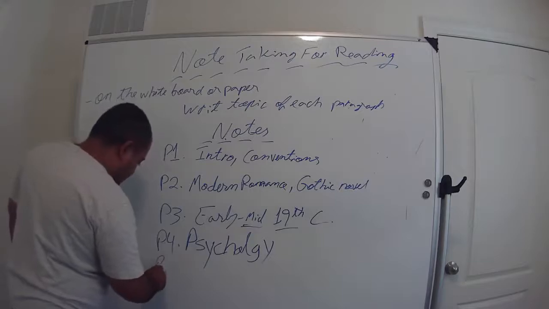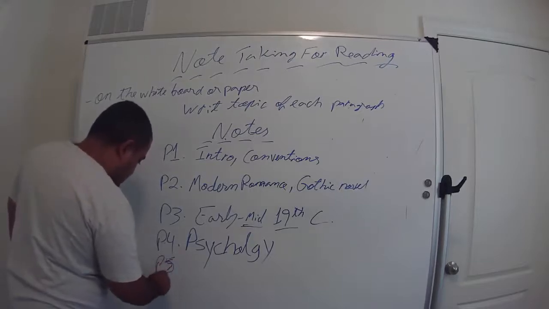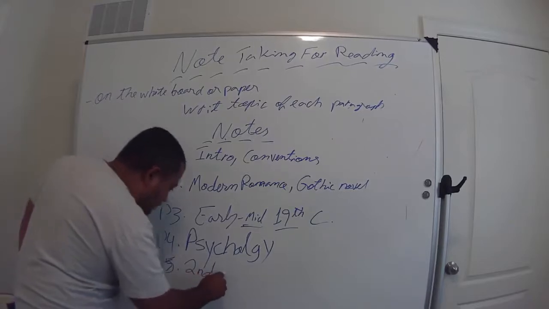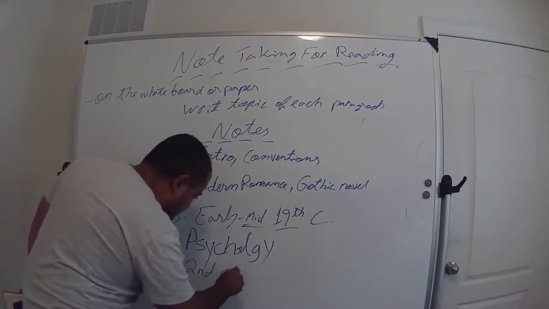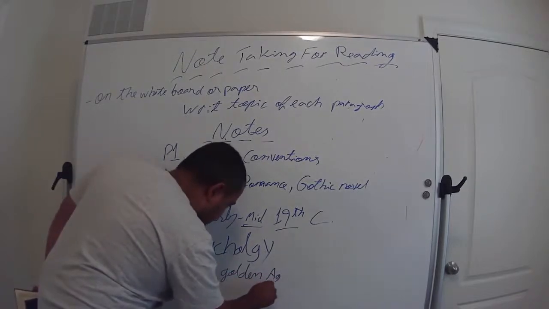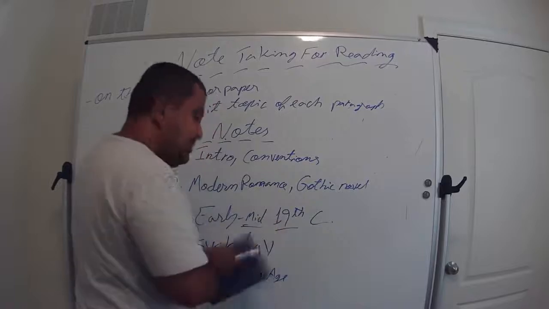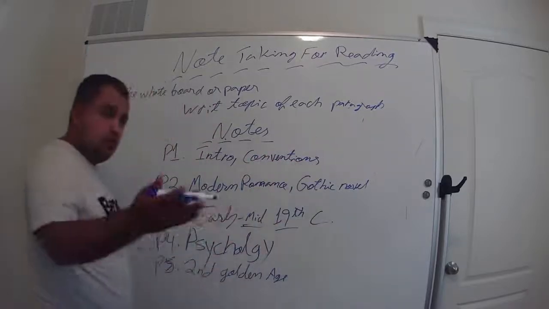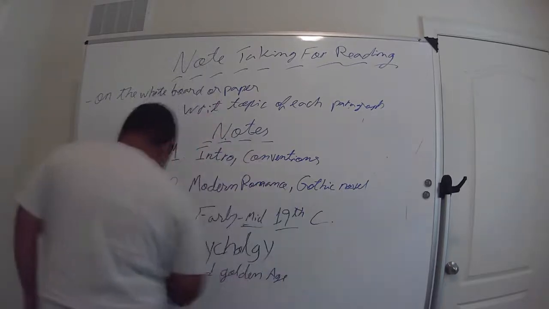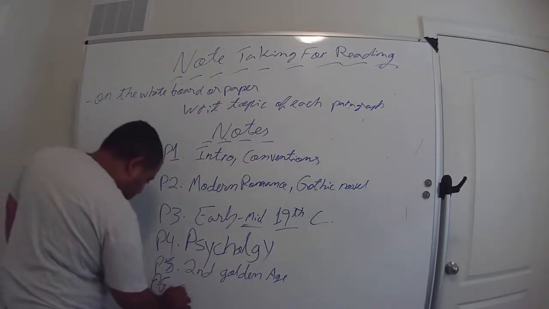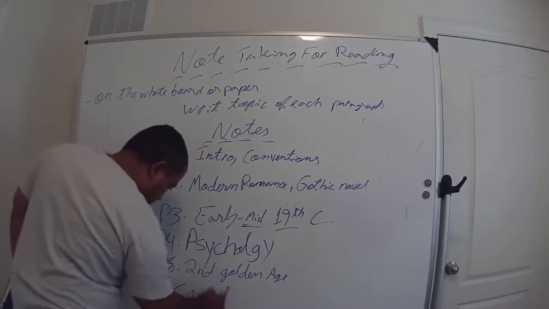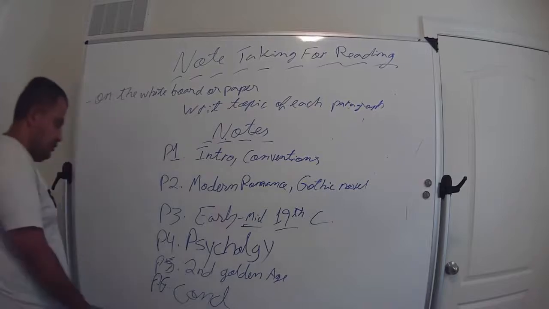Then we'll go to paragraph 5 on the reading: second golden age. And the last paragraph would for sure be the conclusion. Paragraph 6 would be conclusion. Instead of writing it all, I'll just write CONCL for conclusion.